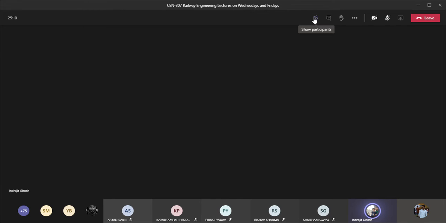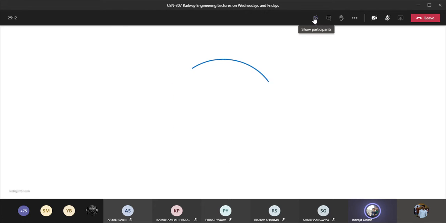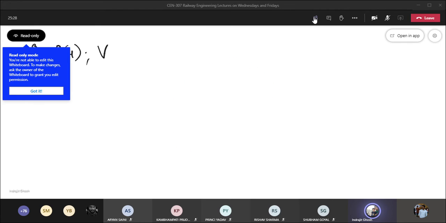Okay, so we have been given 8 degree for the branch line, 5 degree for the main line. So I am just writing M, I am just writing branch, and we have been given V for the main line as 45 kmph. Okay.